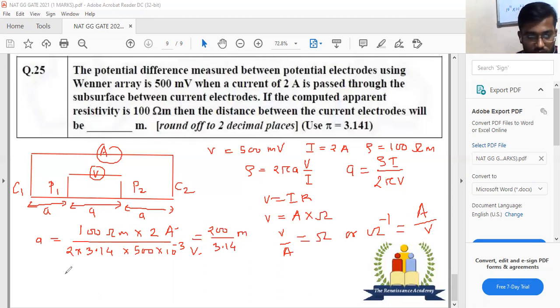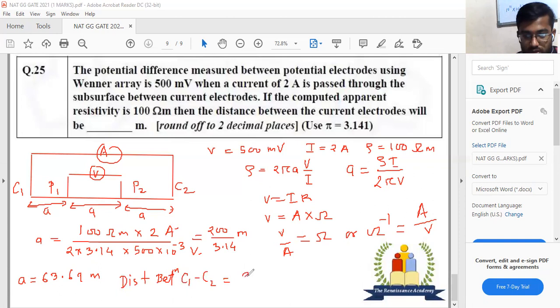After solving this, you will get the value of A equal to 63.69 meter. But this is the value of A, and in the question we need to calculate the distance between the current electrodes, that means C1 to C2.